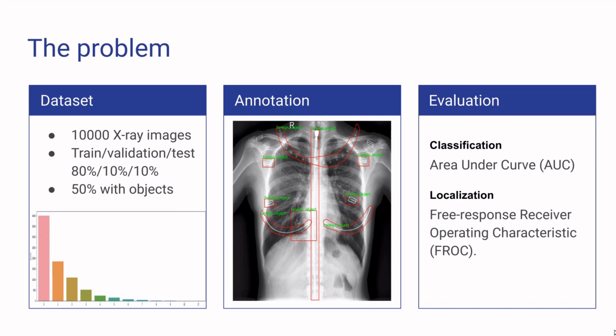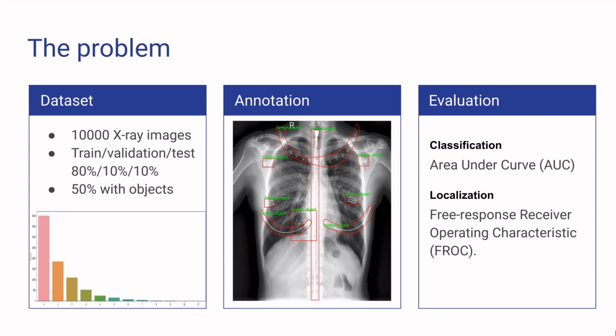One is classification. The most important thing in an X-ray falling object detection scenario is that we want to know if there is any falling object within the image. The next thing is localization. We want the model to detect where the falling object is, so that the doctor or human can quickly review the results of the detection.